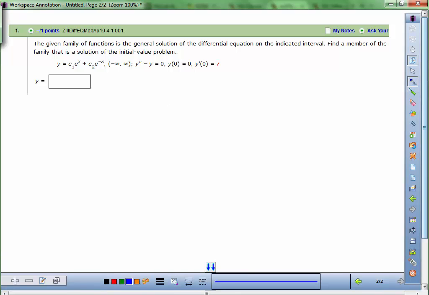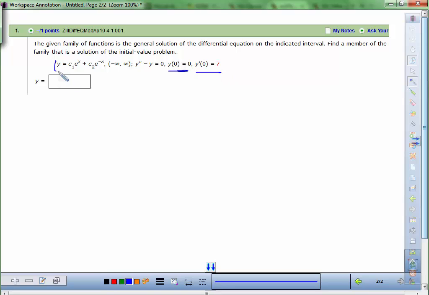So we have a problem here where we're given a family of solutions. Now, how they get the family of solutions is still something that we're going to explore later on. And this is a second-order differential equation, so we should expect two initial conditions if this was going to be a packaged IVP, initial value problem.